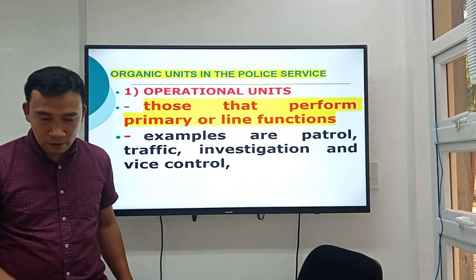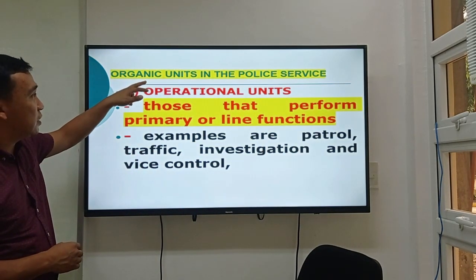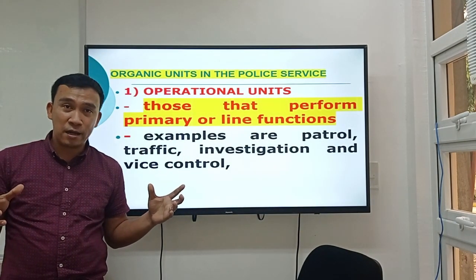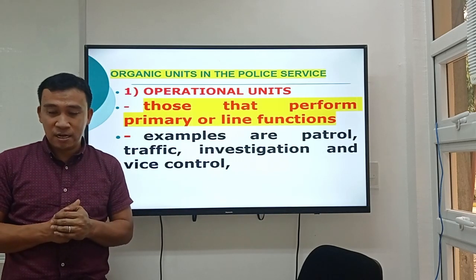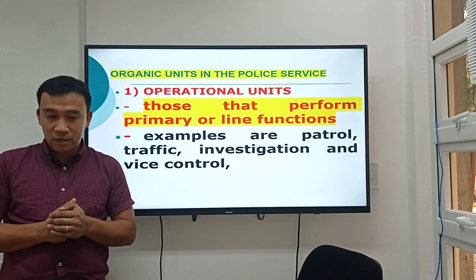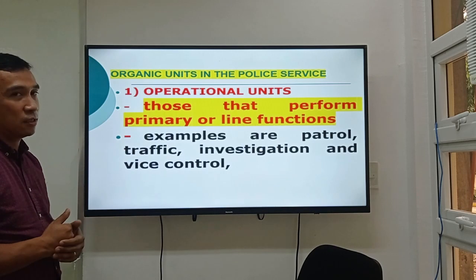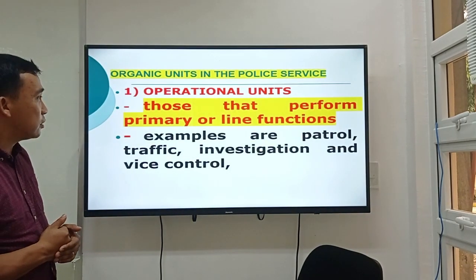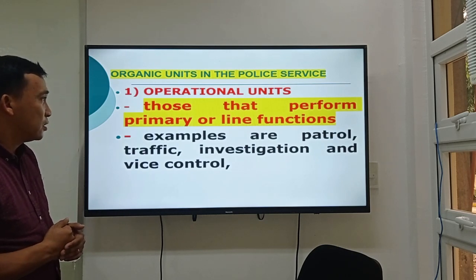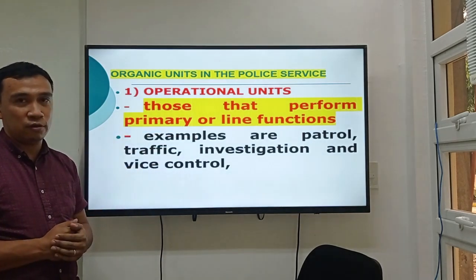Okay? Now, organic units in the police service. Ito yung bumubuo sa kapulisan natin. Okay? At meron siyang tatlong organic units. Number one is the operational units. Itong units na ito ang siyang in charge to perform primary or line function.